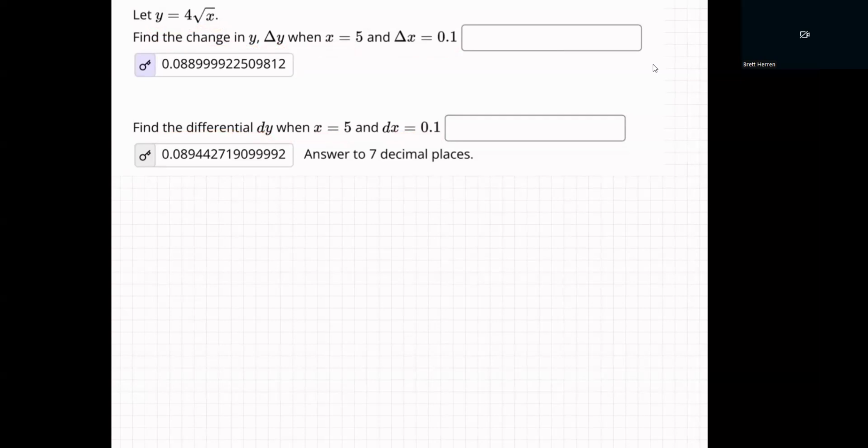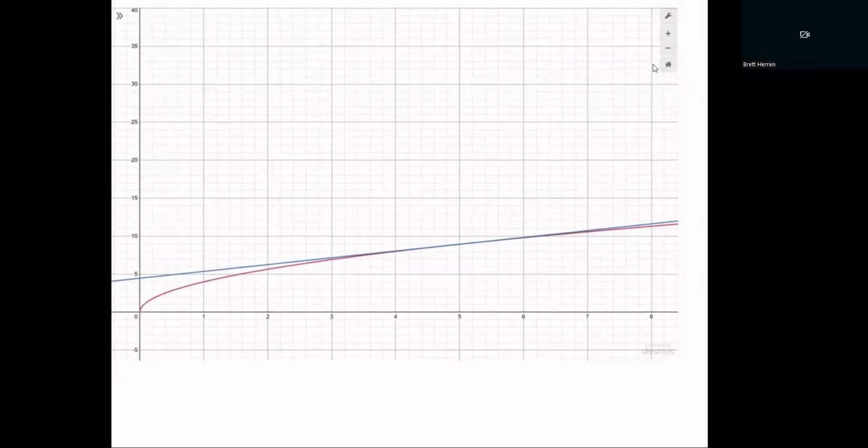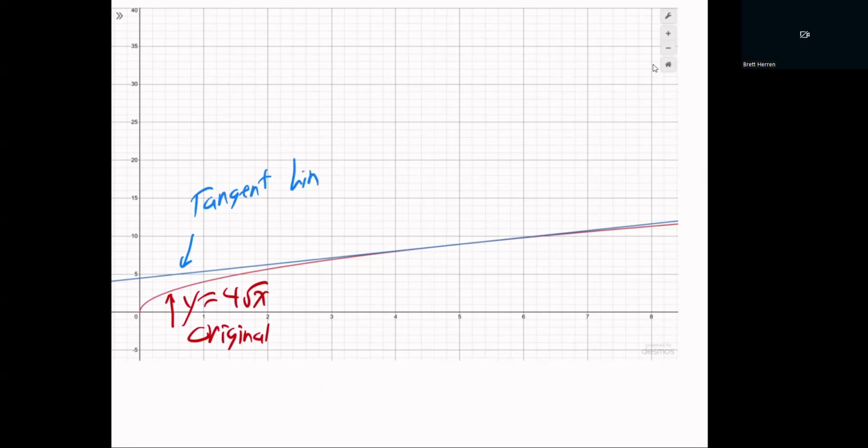Let me show you a picture. The original function y equals 4 square root of x is here, in red. And the blue is the tangent, which we're going to find in a minute.